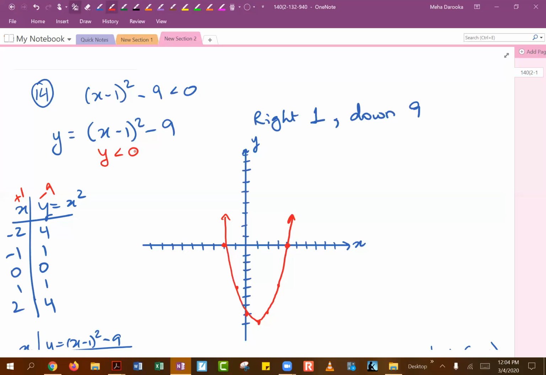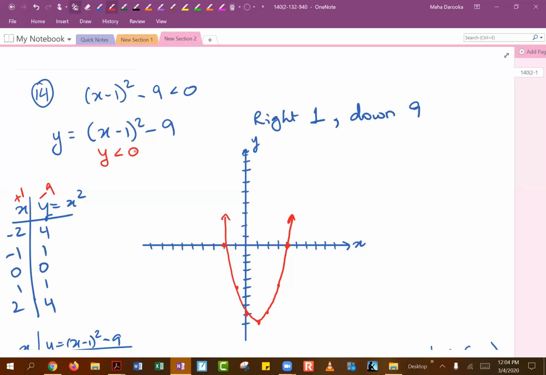So look at the graph. Right here on the x-axis, y values are all equal to 0, right? The moment you drop below it, your y values start becoming negative. Above it, it's positive. So when they're saying this has to be less than 0, they're saying all the points on this part of our graph. And interval notation always uses x values.